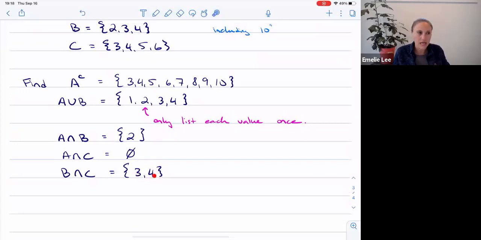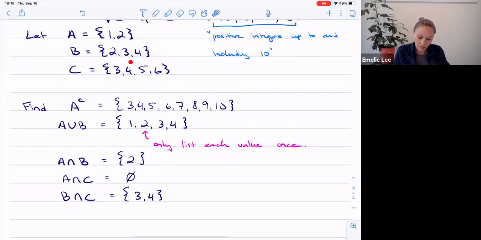Notice that B and C is a subset of B, because 3, 4 is a subset of 2, 3, 4, but B and C is also a subset of C, 3, 4, 5, 6. Right? So that's just a little side note here.